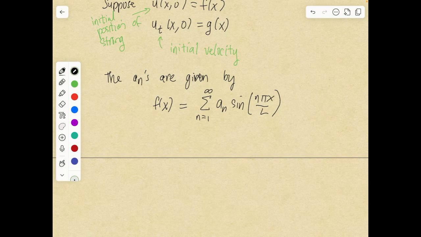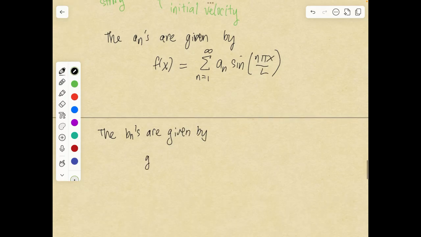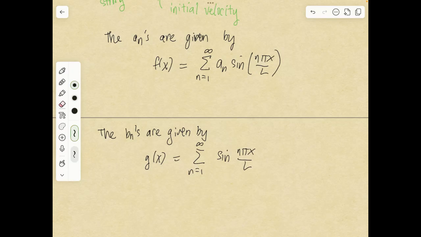But it turns out that if you do that, then you get that the bn's are given by g of x equals the sum from n equals 1 to infinity of sine n pi x over L times, actually I should write this other term first.